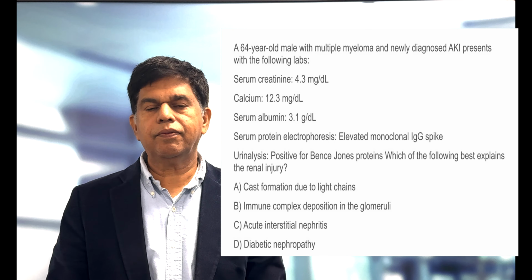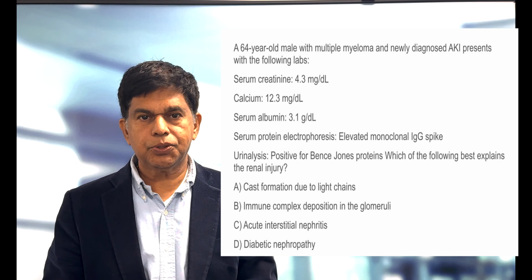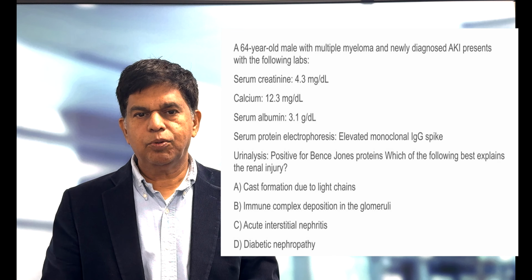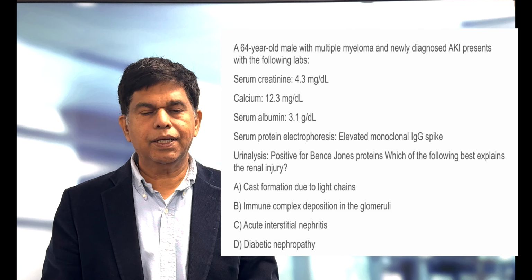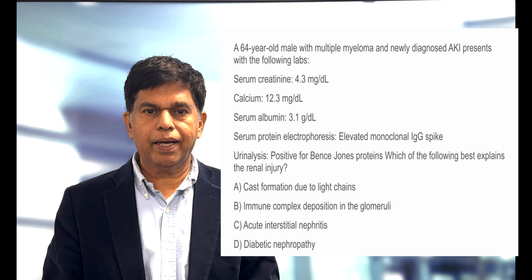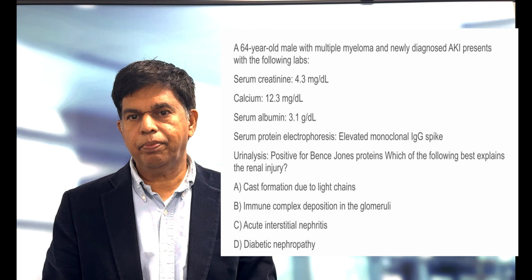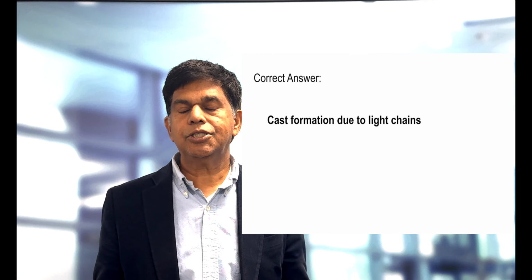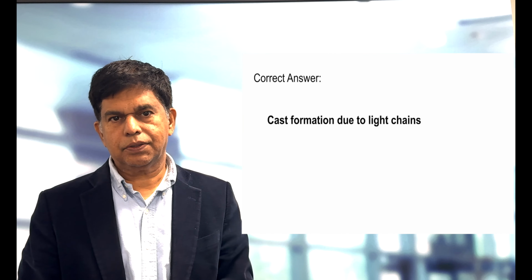Now, next question. A 64-year-old male with multiple myeloma, newly diagnosed AKI, serum creatinine high, calcium high, albumin 3.1, serum protein electrophoresis shows monoclonal IgG M spike, positive for Bence Jones protein. Again, what is the cause for this patient? Cast formation due to light chain cast nephropathy is the answer, okay?